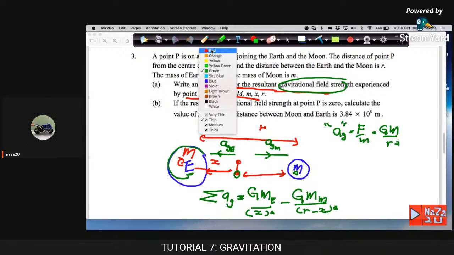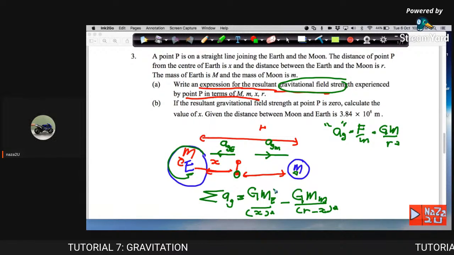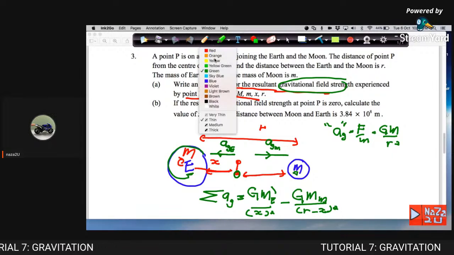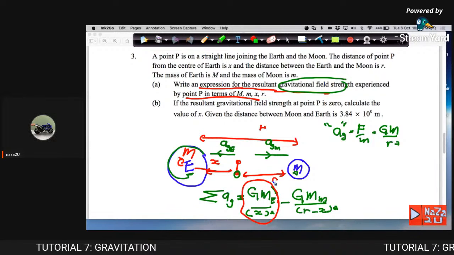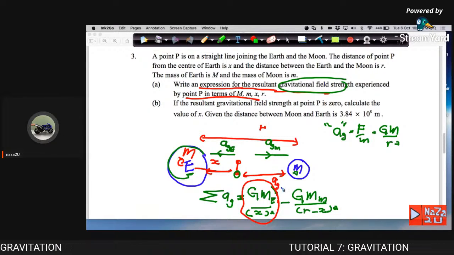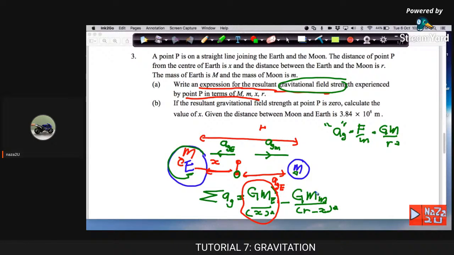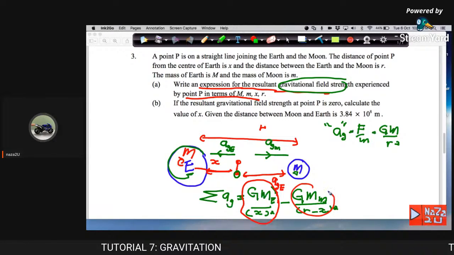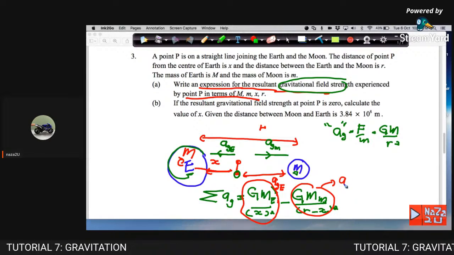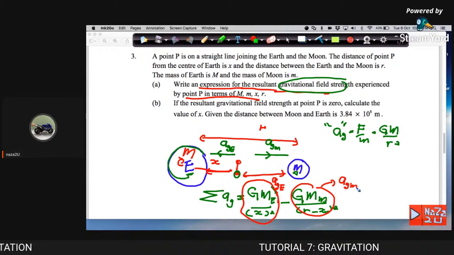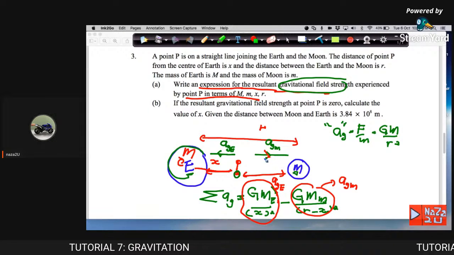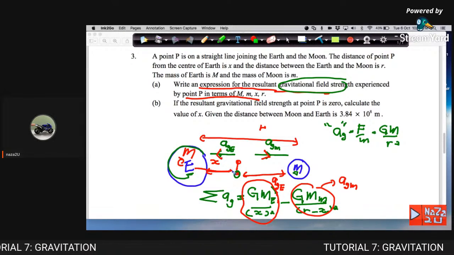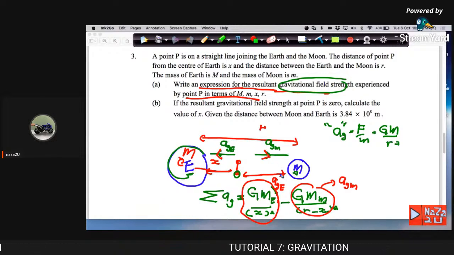So now here, this is for gravitational field strength untuk apa? Disebabkan oleh AG bumi. Ini gravitational field strength AG disebabkan oleh bulan. Tetapi kita ambil net, kita kena tolak kerana we have an opposite direction vector here.